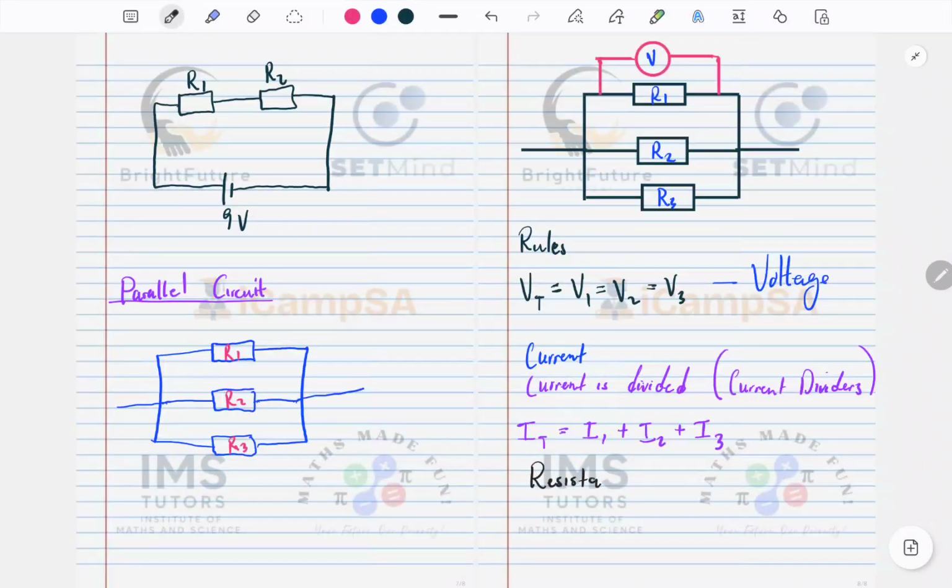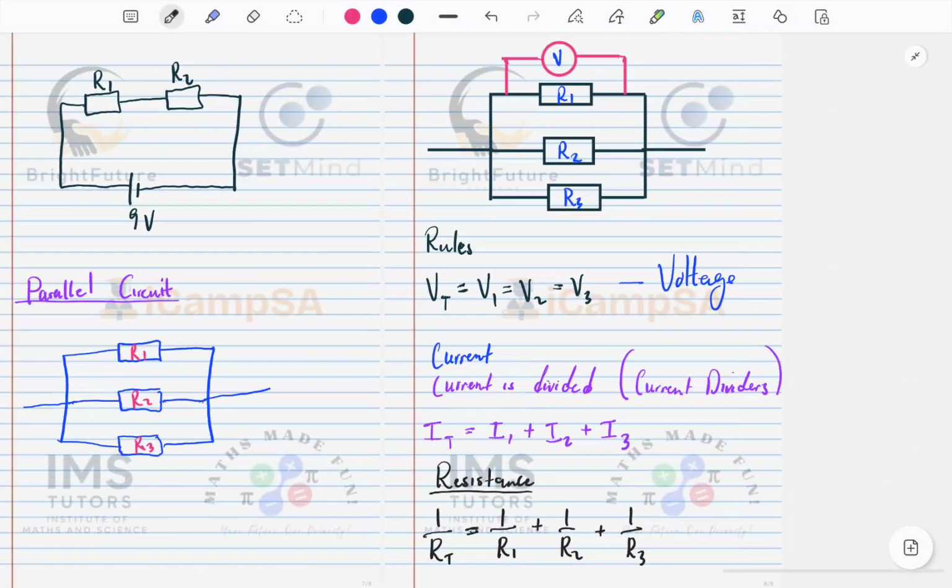So remember, for a series circuit we were summing R1 plus R2 plus R3. But in this case, we're going to say 1 over RT equals 1 over R1 plus 1 over R2 plus 1 over R3. This is how it is.